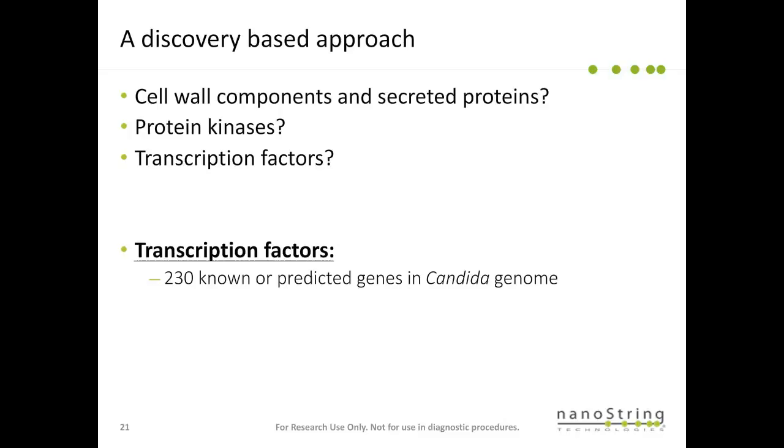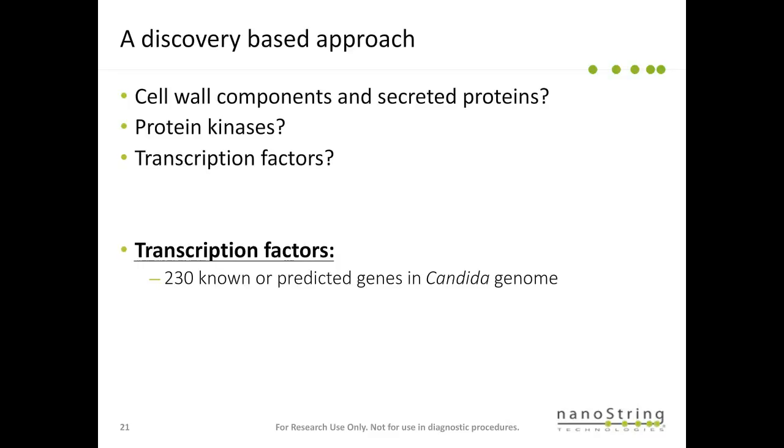Ask which of those protein genes are actually necessary for the infection. Or how about we study all the protein kinases? Or how about we study all the transcription factors? And here I'm going to present the data for the transcription factors.